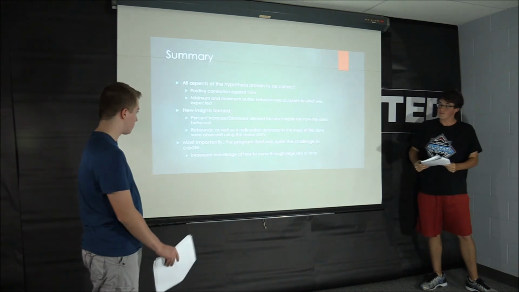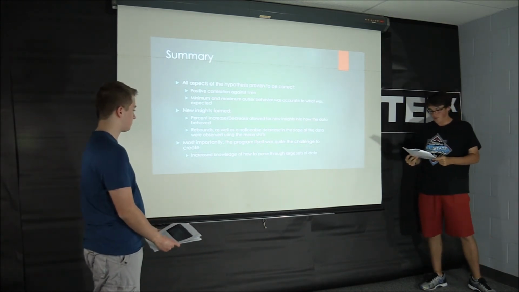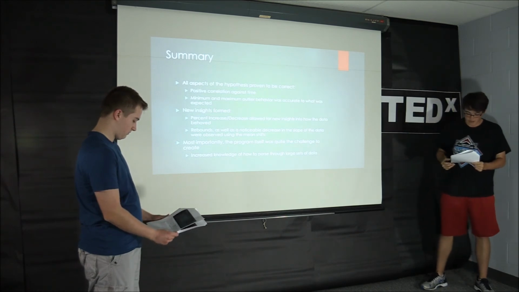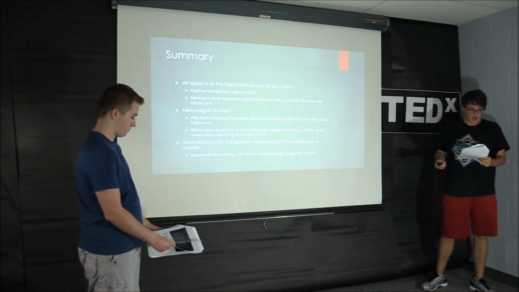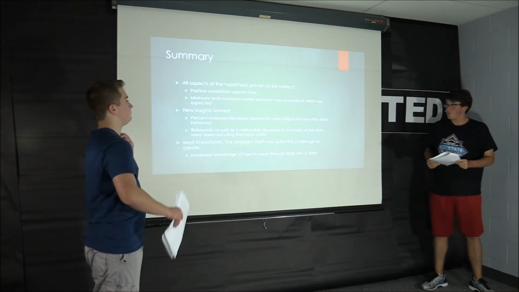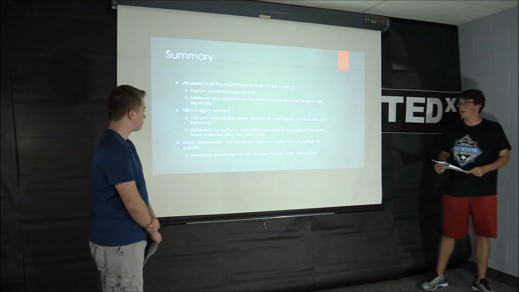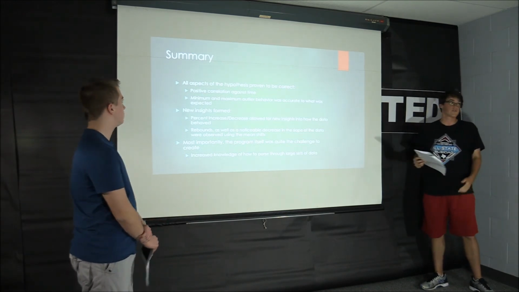In terms of the new insights formed, the mean shift data that we collected was incredibly helpful for seeing more specific trends in the data, as I mentioned earlier. Rebounds and acceleration changes were the primary trends that we discovered, but more importantly, creating the program actually gave us an increased knowledge of how to parse through large sets of data.